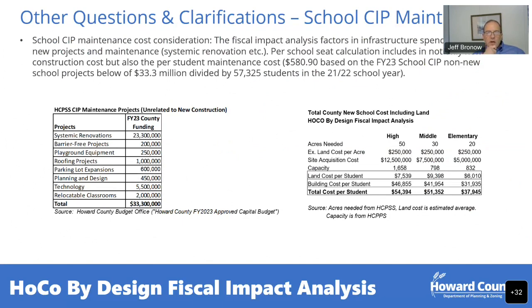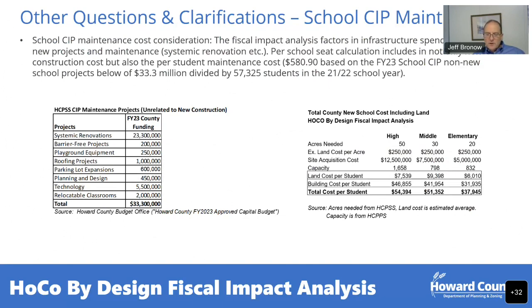Okay, another question that came up was about school maintenance. This is important because we wanted to accommodate this, and so we included in the fiscal model, and this is in the assumptions document, this concept of, besides just the cost of new construction per seat, which is here.